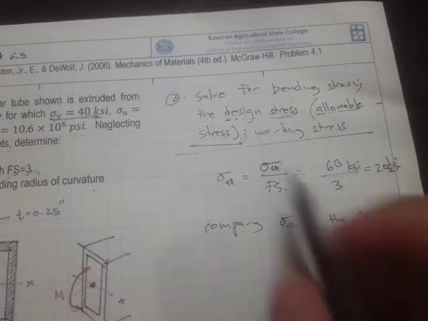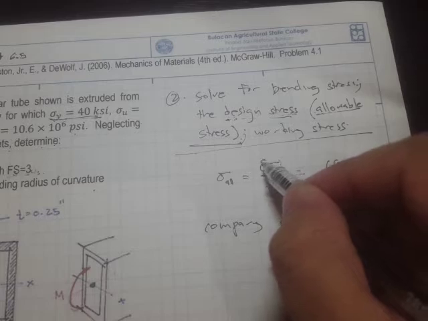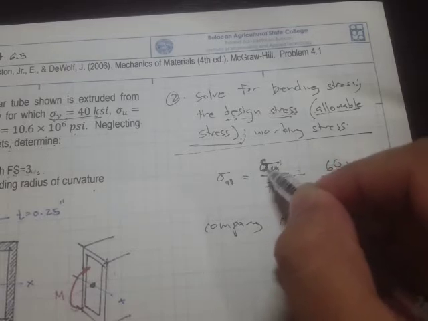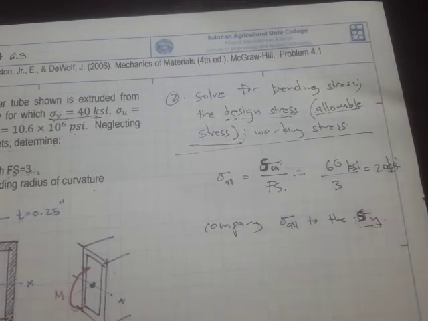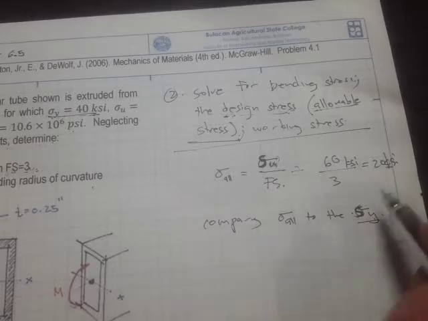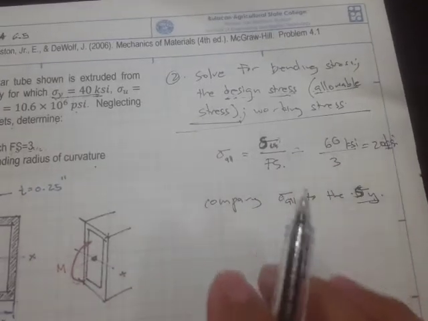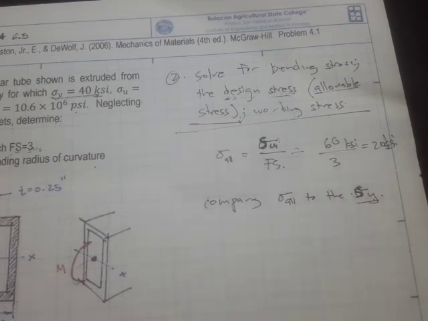And sometimes, in the machine design course, we use the symbol S, just to differentiate the stress from the strength. The difference between the stress and the strength is that the strength refers to the capacity and the stress refers to the load side. So how much stress are you going to put in that material?